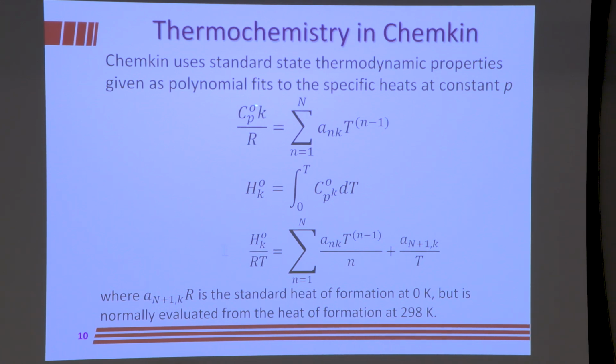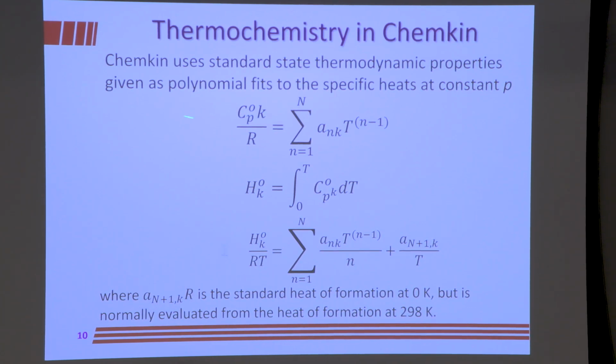We can write the heat capacity divided by the gas constant as the sum from n equal to 1 to n, whatever number, of a series of constants times T to the n minus 1.